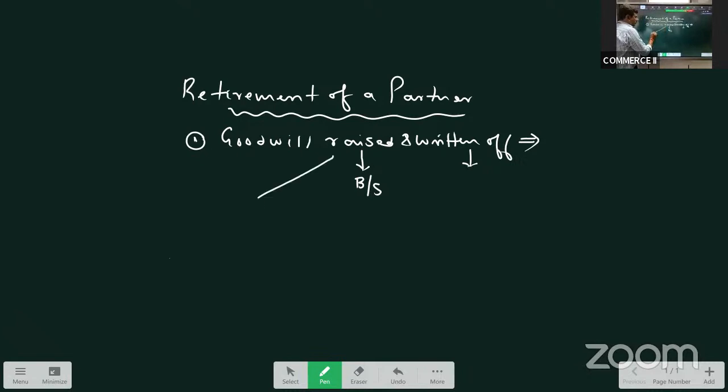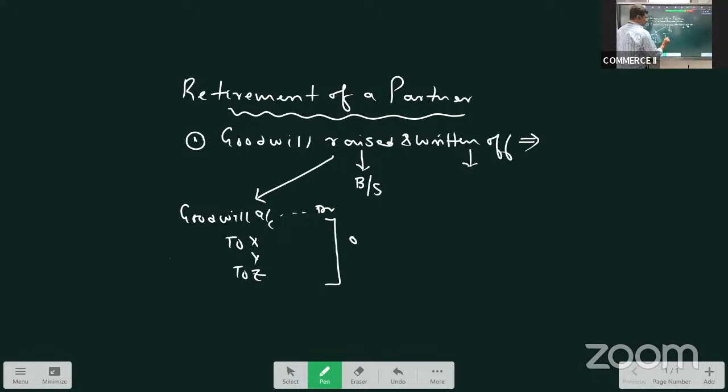For raising the goodwill, we'll pass this simple entry: Goodwill account debit to all partners' accounts, say our partners are X, Y, Z, in the old profit sharing ratio. Let us say Y is retiring.